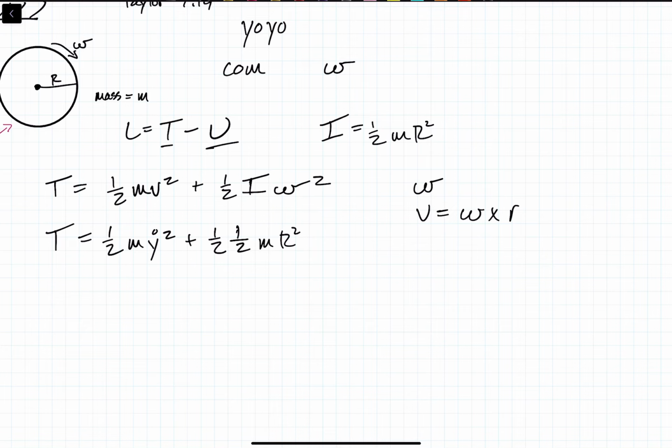I want to get this in terms of v and R. This should be a capital R. So omega is equal to v over R. So this omega is going to turn into v over R, both of those quantities squared.